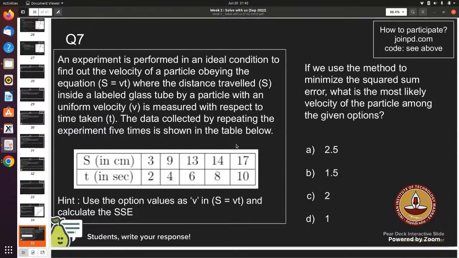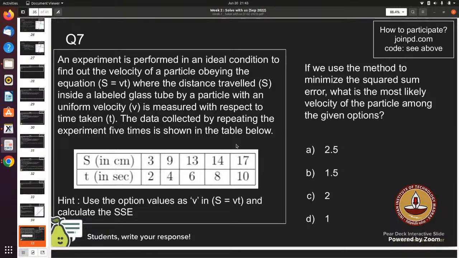The data collected is the experimental value given in the chart. For t equal to 2, the experimental value is 3. For t equal to 4, S is 9, like this. Now, if we use this method to minimize the sum square error, what is the most likely velocity of the particle along the given position? What should be the V? That is what we are asking.